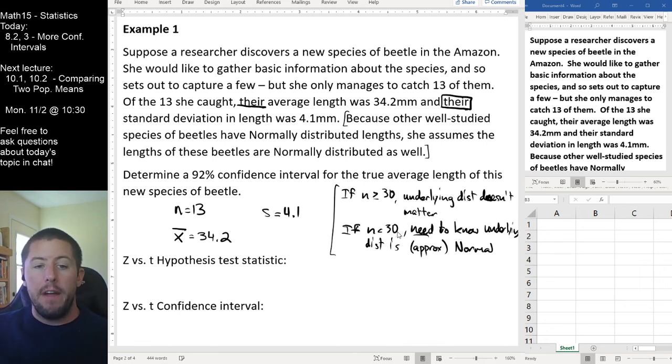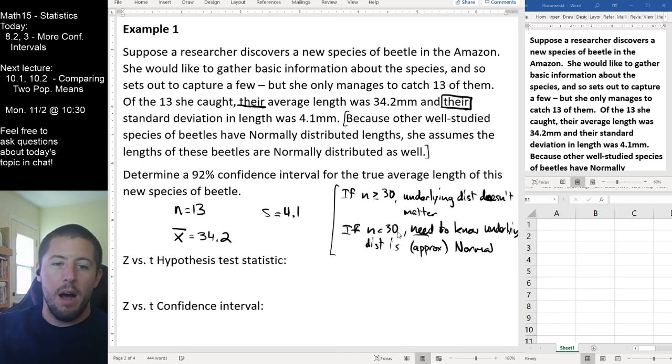I think it's very, very reasonable to estimate that things like lengths of literally any species of anything are going to be normally distributed. I would go so far as to say, most biological indicators like length, like weight, like wingspan, stuff like that. Lots and lots and lots of those things are normally distributed for most animals.